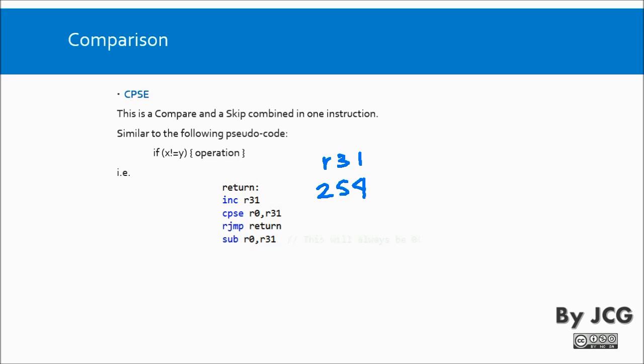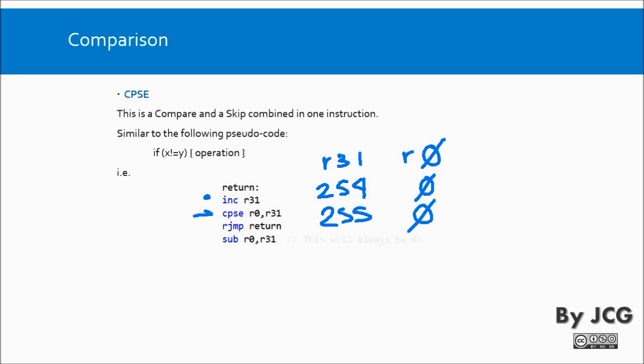And let's suppose that register 0 is 0. So let's assume these are the initial values of this code. At first we execute this instruction, which tells me to increment register 31. So this instruction is going to make register 31 equal to 255. Of course, register 0 remains unchanged. We don't have any instruction that modifies register 0. And then we come to this instruction.